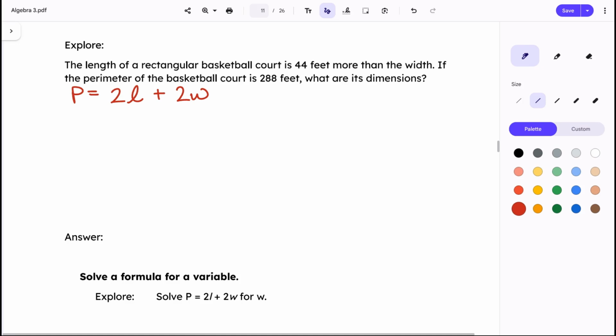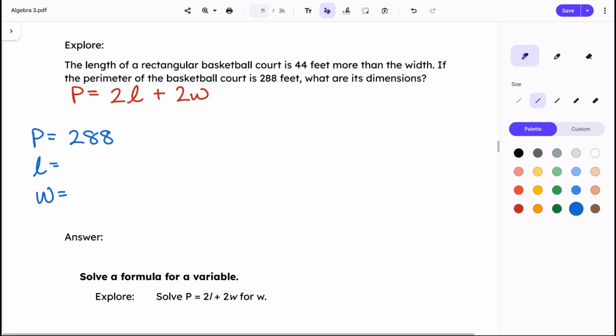So let's figure out what we know here. I've got 3 letters that I want to try to put stuff in for. Do I know what the perimeter is? Do they give me that in my problem at all? 288 is my perimeter.